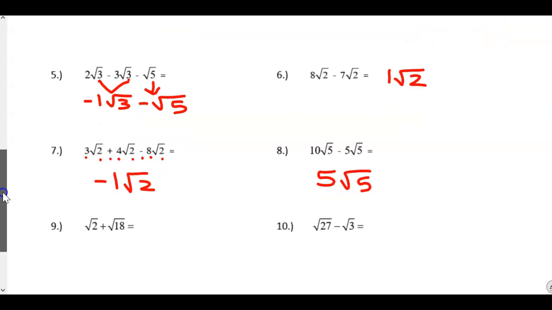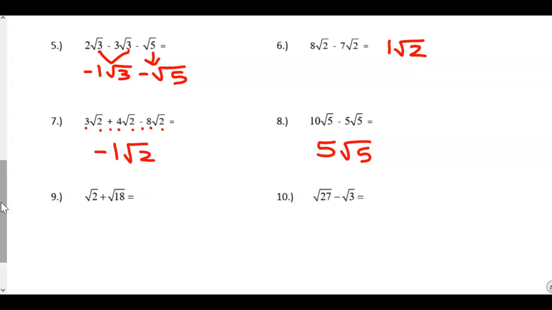All right? Now, here's the trickiest tricks that you could be tricked with. Square root of 2 plus square root of 18. Are they the same square root? They're not. Now, up there we just left them alone, right? Because you couldn't do anything with them. But I bet you could do something with the square root of 18. Didn't we learn a trick or two about breaking it down?